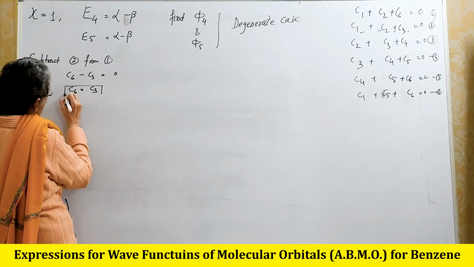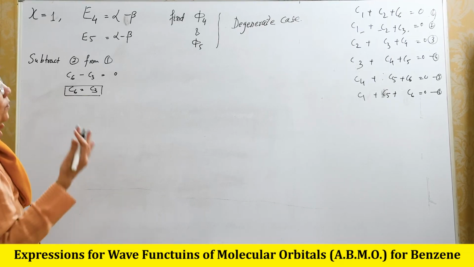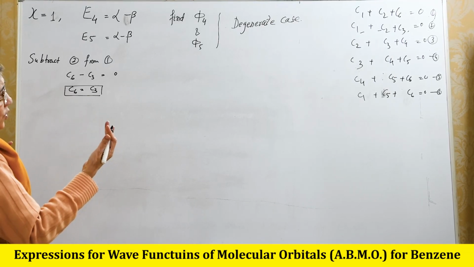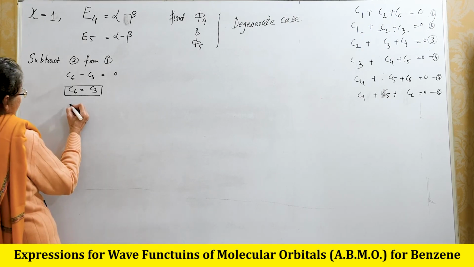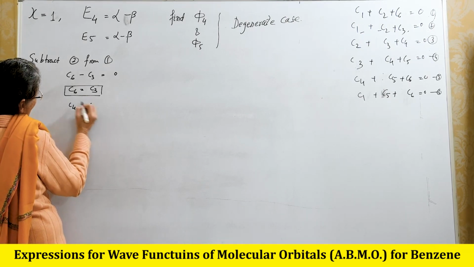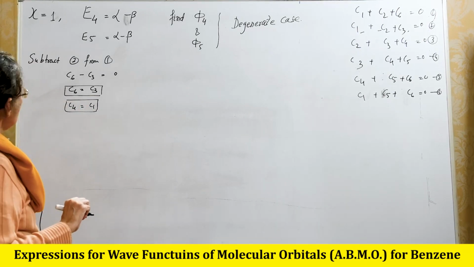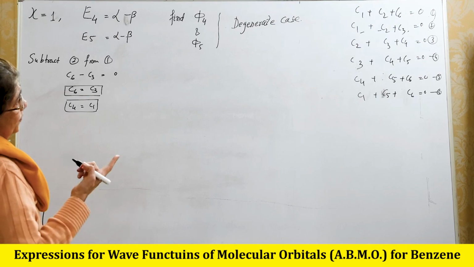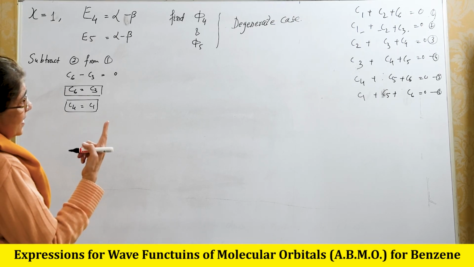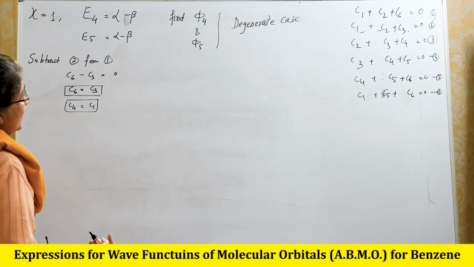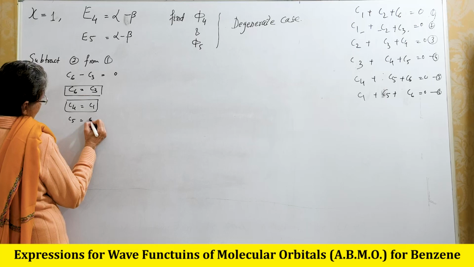This is one relationship. And if we subtract 2 from 3, C2 cancels, then we get C4 is equal to C1. And if we subtract 3 from 4, then we get C5 is equal to C2.